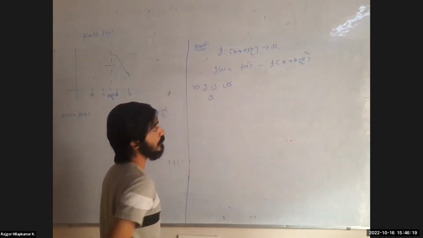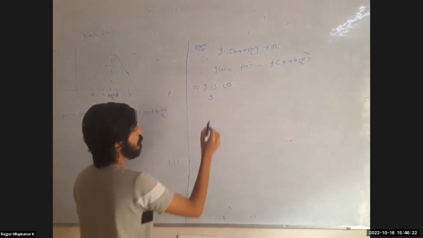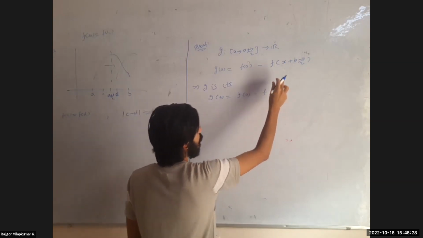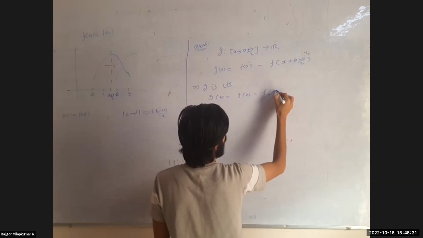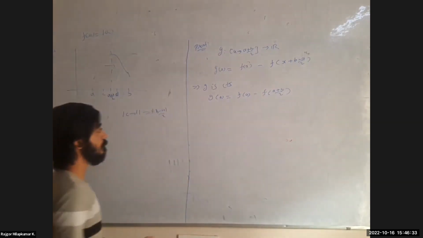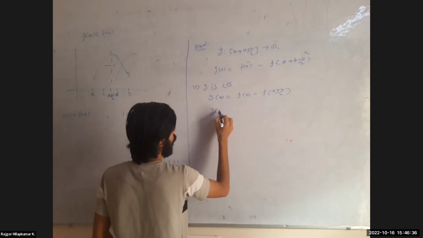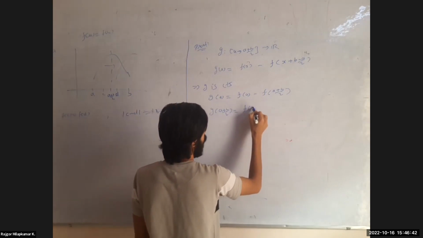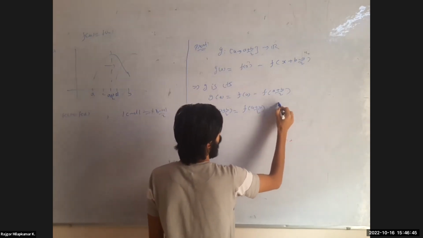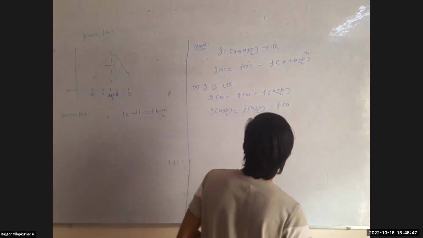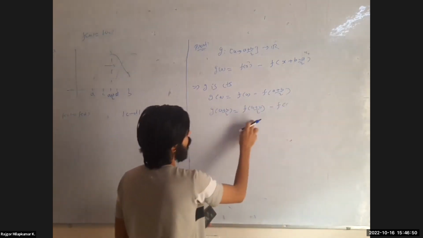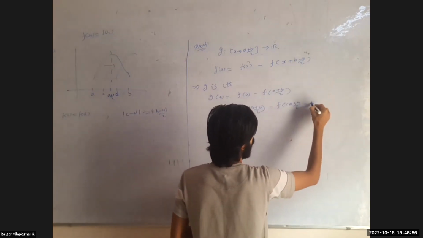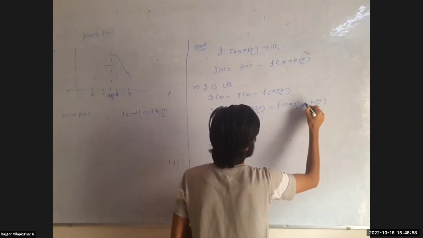Now I am going to use the intermediate value theorem. g(a) is f(a) minus f(a plus (b minus a)/2), so this will be f(a) minus f((a+b)/2). And g((a+b)/2) is f((a+b)/2) minus f((a+b)/2 plus (b minus a)/2).